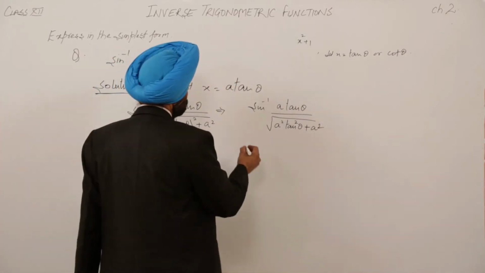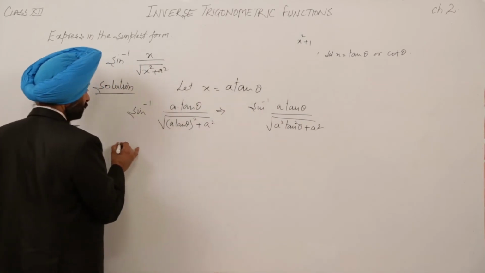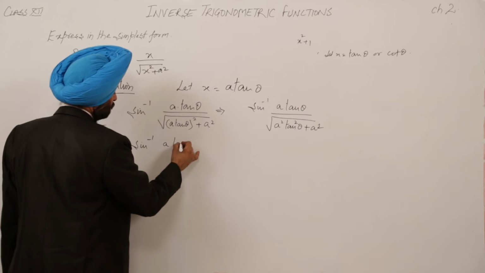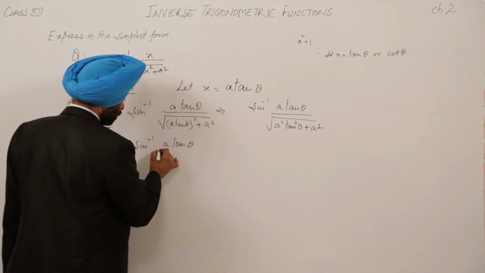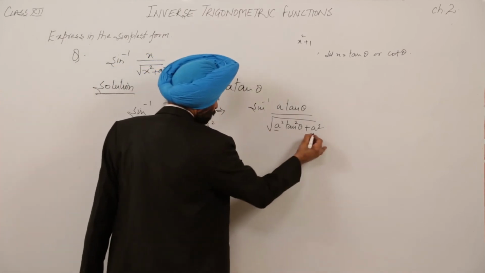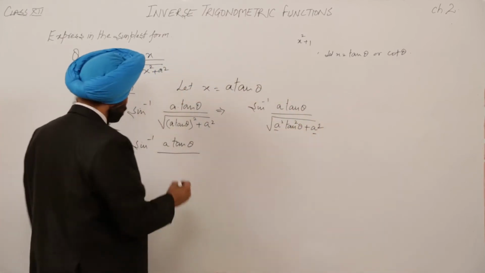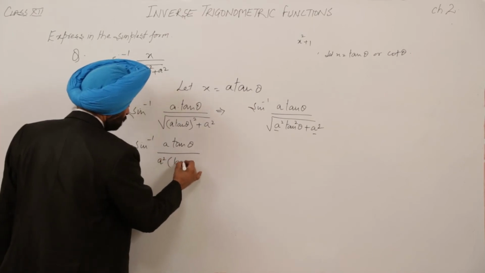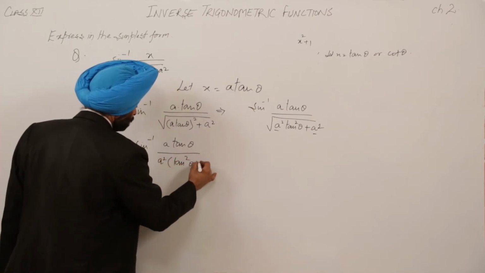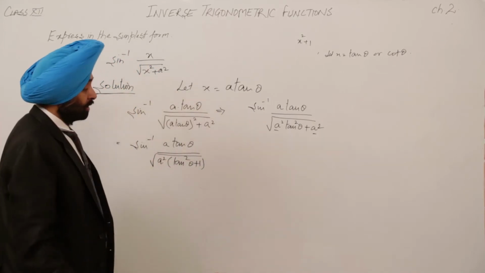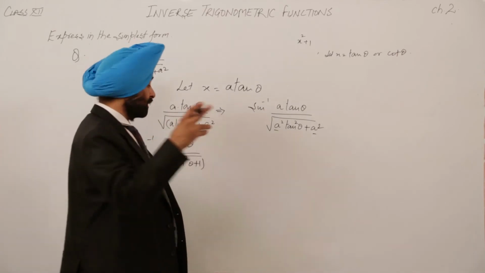Further this becomes sine inverse of a tan theta upon, now a square and a square both are there, so I am taking a square common. What is left inside is tan square theta plus 1, square root of this term. Now what is tan square theta plus 1? It is secant square theta.